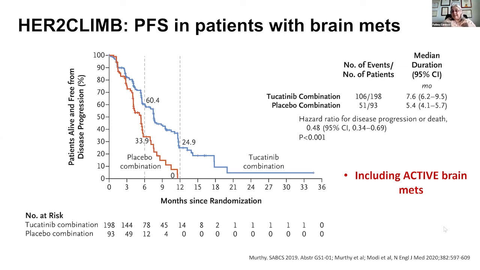But that acts against ourselves when we want to give a treatment, because if that treatment is unable to cross that barrier, it will not treat the brain metastasis. And tucatinib is able to cross that barrier and to treat brain metastasis. And that's why it's such an important treatment that we currently have. So now we consider also a treatment option.